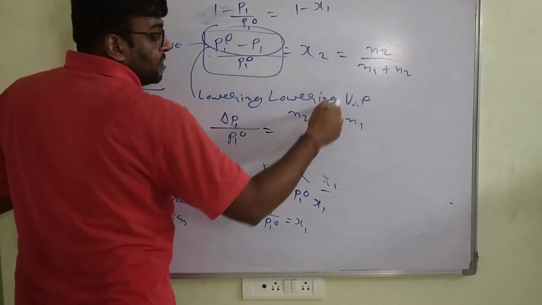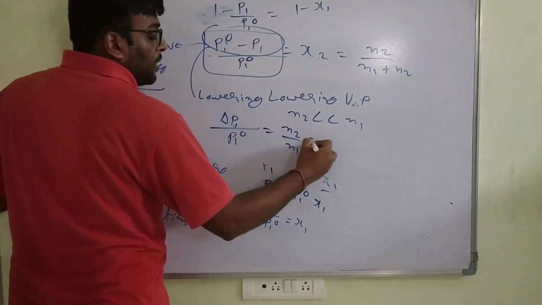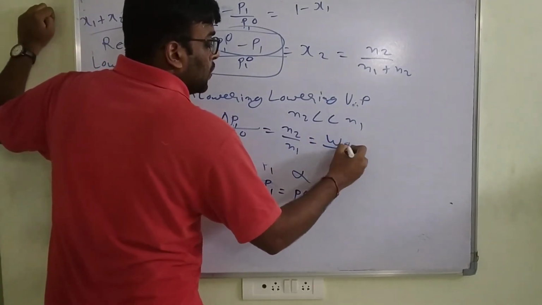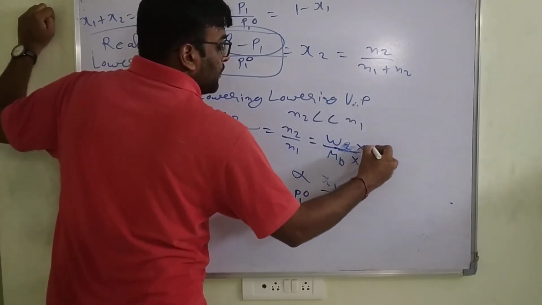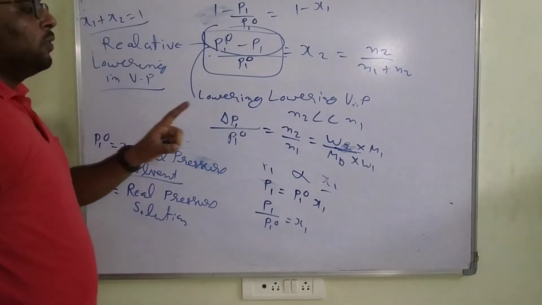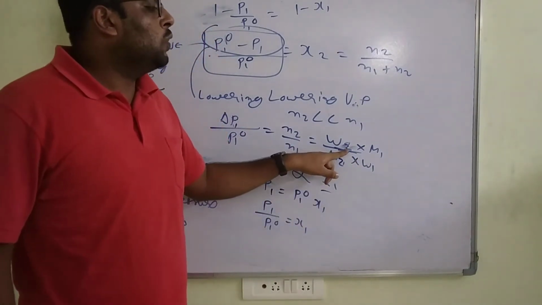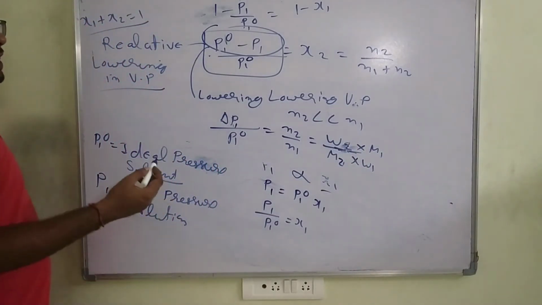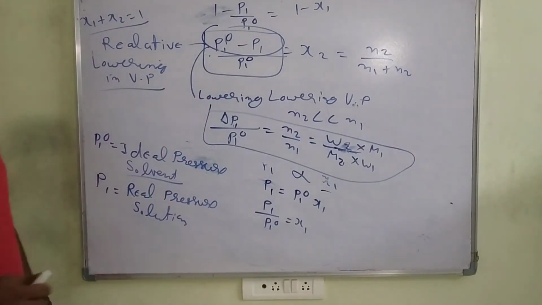If n2 is very less than n1, I put it in this way: W2 upon M2 and W1 upon M1. W2 is with respect to the solute, and M1 is with respect to the solvent. This is a very important formula from the board point of view. Write this one down.